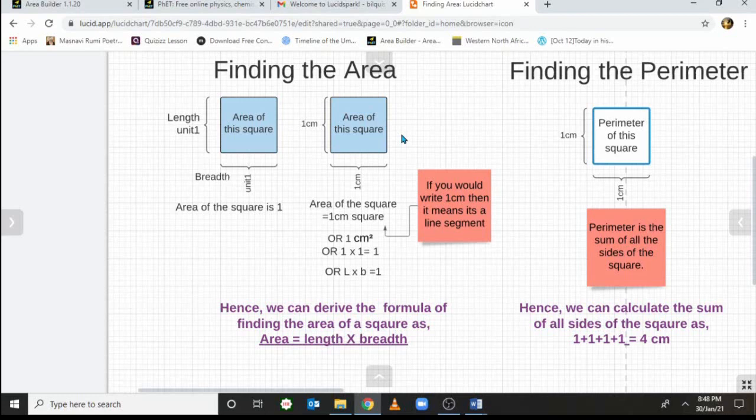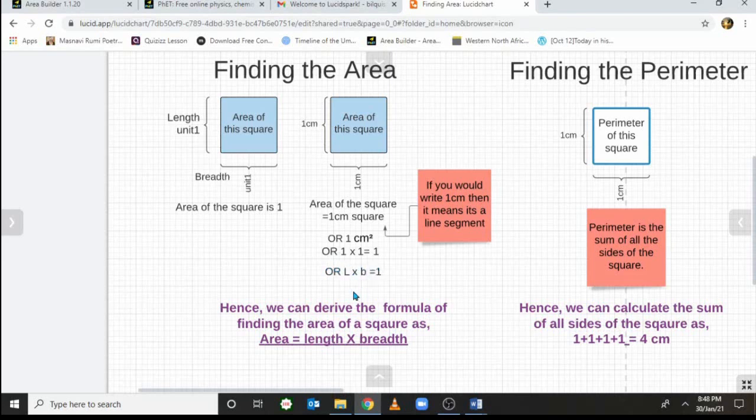So we have written 1 times 1 is equal to 1. Clear? Is it clear? So the mathematical operation happening here was 1 multiplied by 1. And we are getting the answer 1.